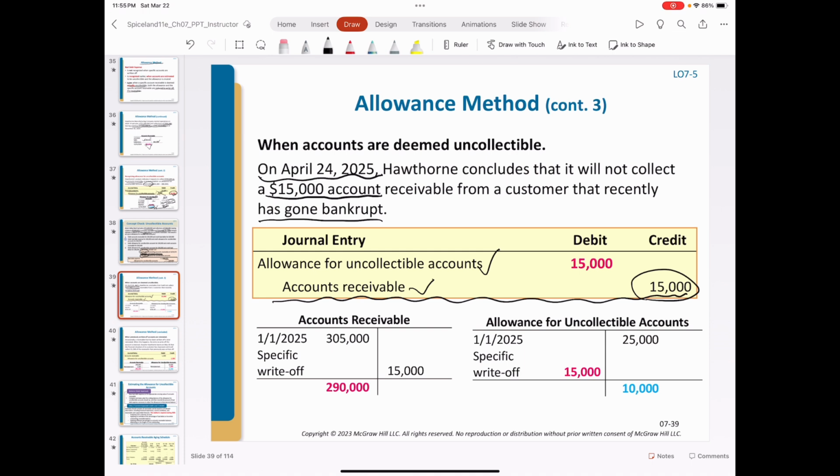After posting these two entries in these two accounts, accounts receivable, because of this write-off, is reduced to $290,000. Allowance for uncollectible accounts, we debit $15,000. Now its balance is $10,000. After this write-off, what we find is the net book value of accounts receivable is still $280,000.